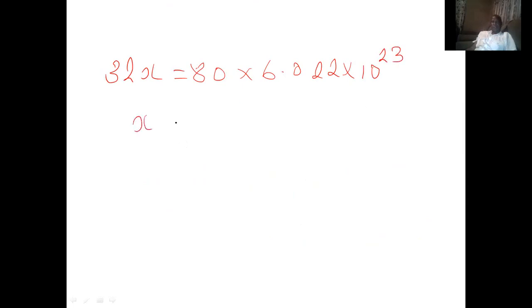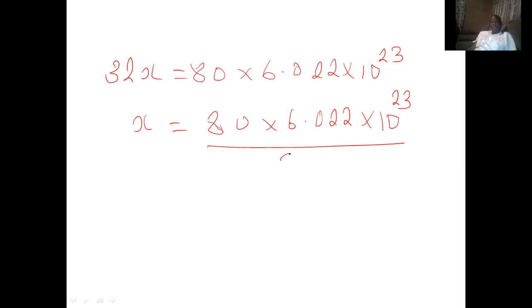And therefore our x will be equal to 80 multiplied by 6.022 multiplied by 10 to the power 23, divided by 32.